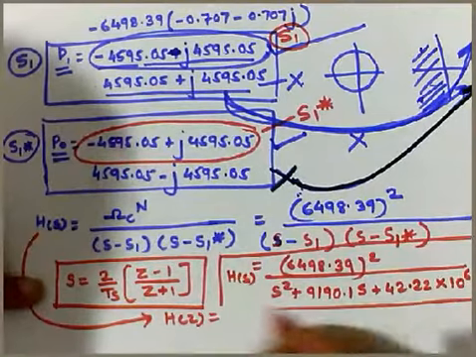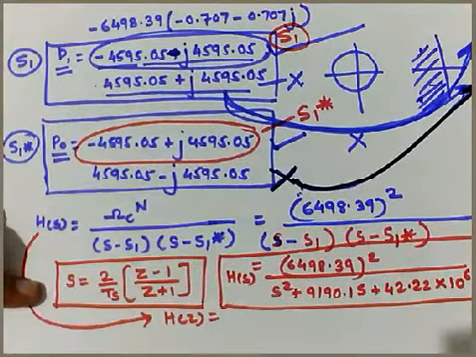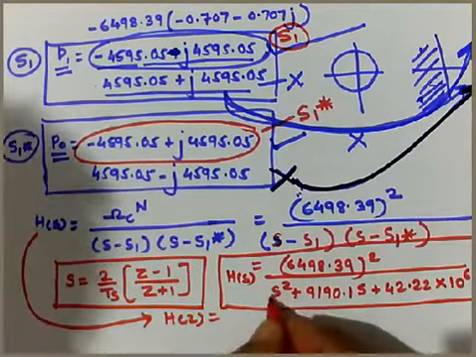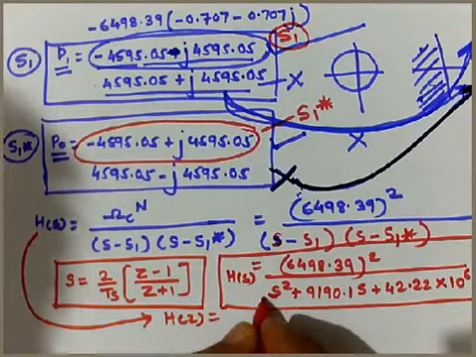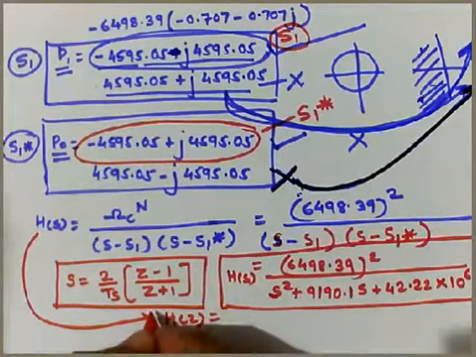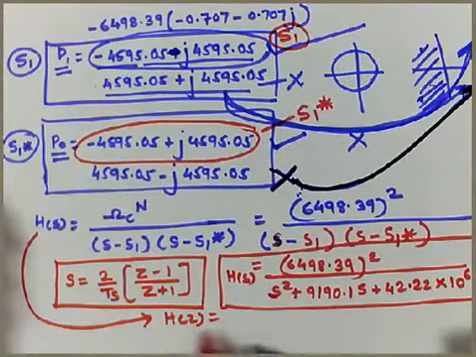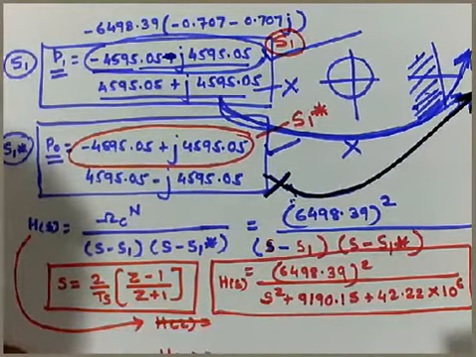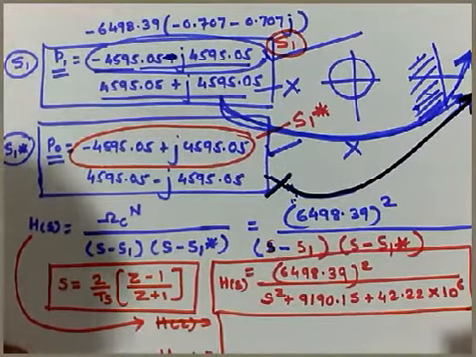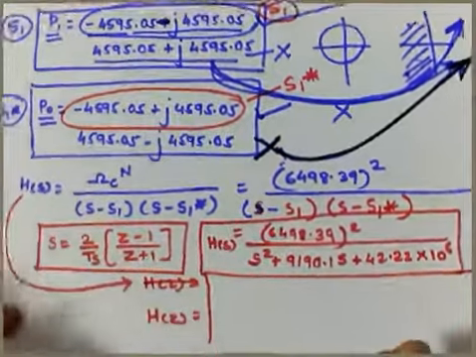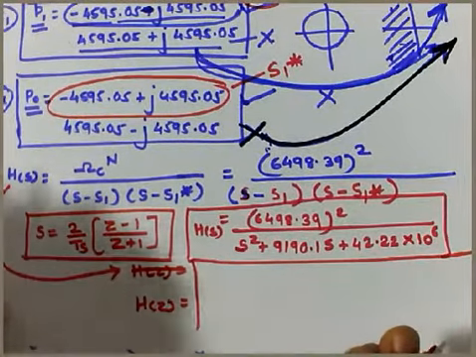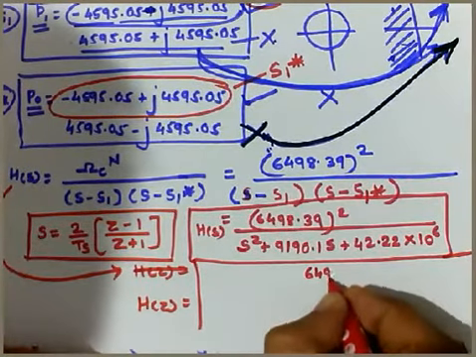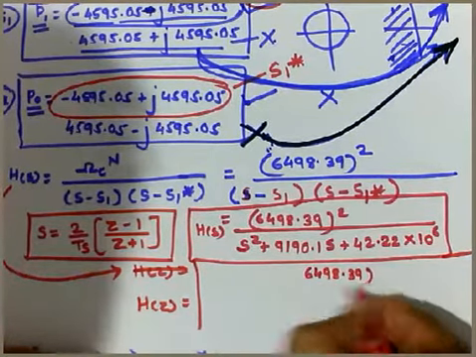Now since it is asked in the example to go for the BLT, wherever S is provided, it will be replaced by 2 by Ts, Z minus 1 by Z plus 1. So from this, H of Z can be written as follows. 6498.39 square.